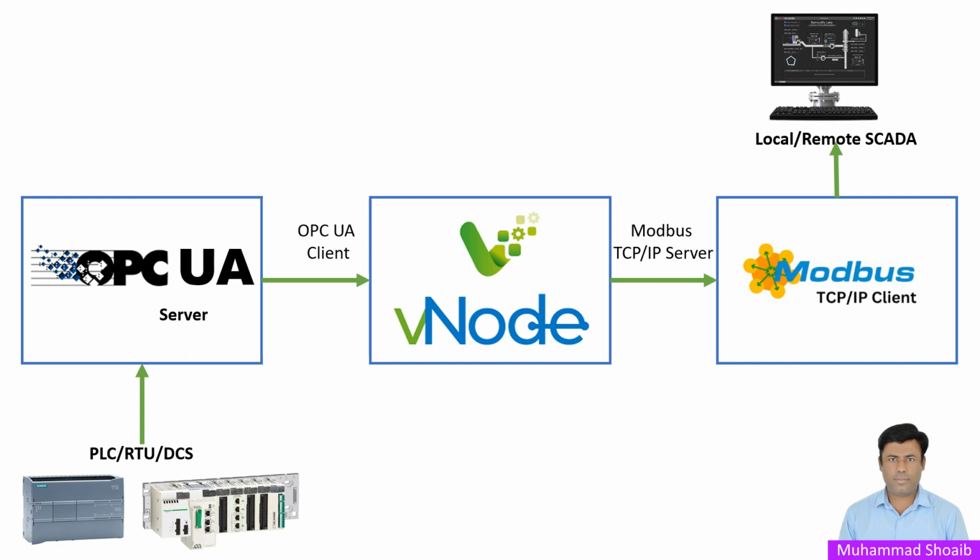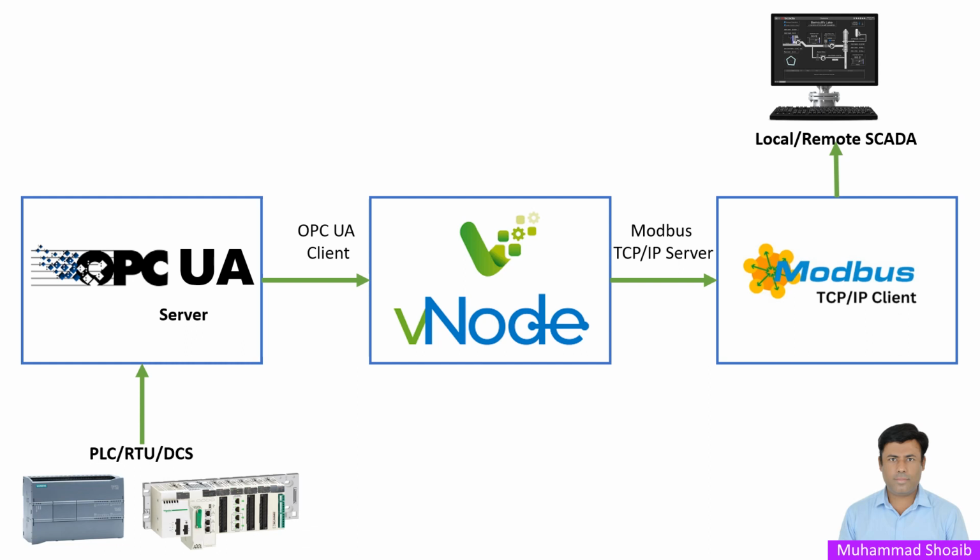Then vNode fetches data from the OPC protocol and converts that data into Modbus TCP protocol. On the SCADA side, vNode will be configured as a Modbus TCP server, and our SCADA system will work as a Modbus TCP client. So whatever data is coming from the OPC UA will be converted into Modbus TCP protocol and transmitted to the local or master SCADA.